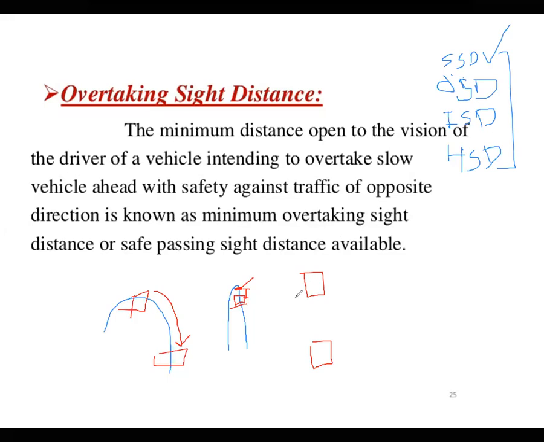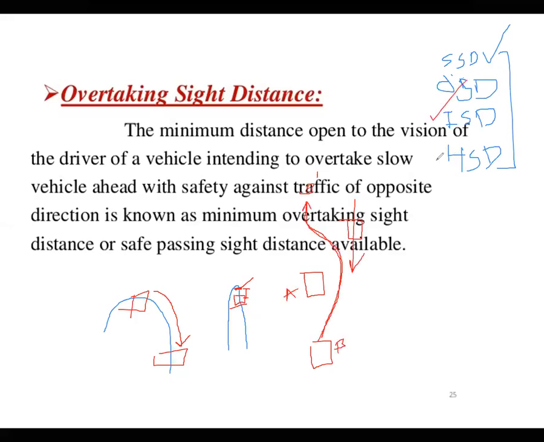So this B vehicle should be at the B dash position. Up to that, the distance must be visible to avoid collision with the vehicle moving from the opposite direction. So this is known as overtaking sight distance.